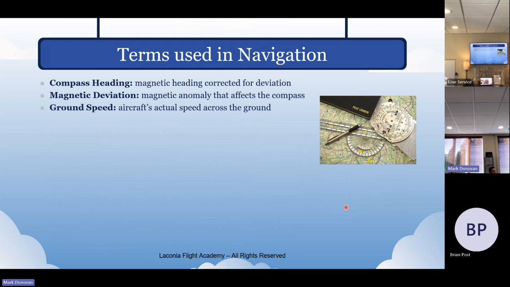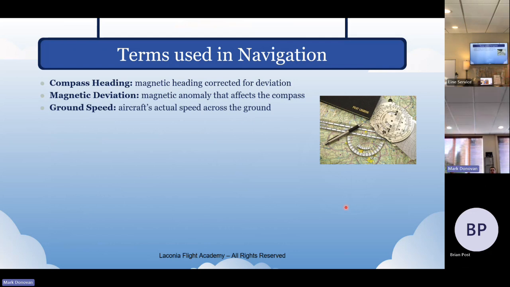Ground speed. Let me just pull my little plane up here for a second. Ground speed is how fast we're going across the surface of the ground. It's different than the airspeed. If I have a strong headwind, I may be reading 90 knots on the indicated airspeed in the plane, but my ground speed may only be 60 knots. If I'm going 90 knots through the air and there's a 30 knot headwind, my net speed across the ground is only 60 knots.